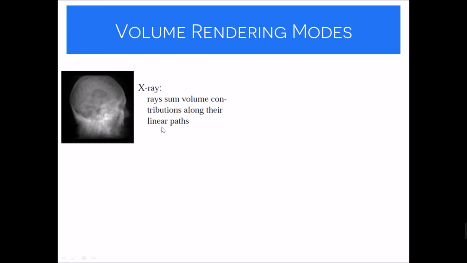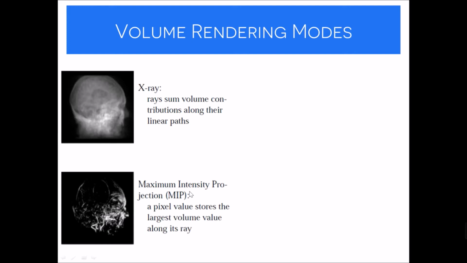Then the second one is maximum intensity projection, where you also go through the volume, but along a ray you only keep the value that is the largest, right? That'll bring out very high density regions, the most opaque or most visible structures, usually things that have been perfused by some sort of contrast agent.